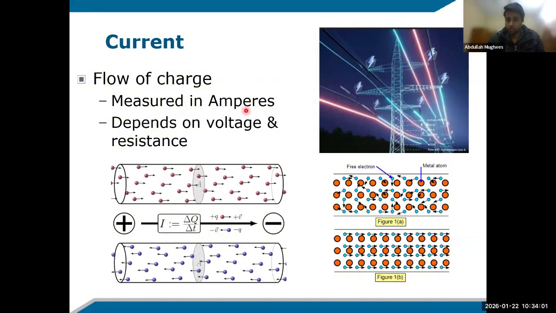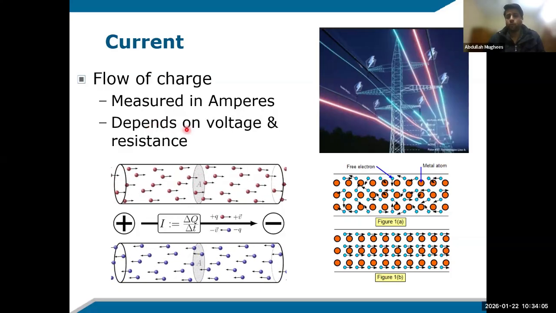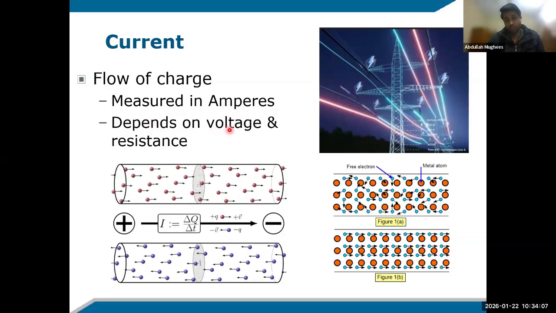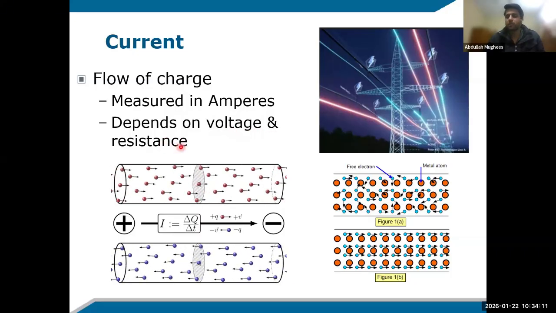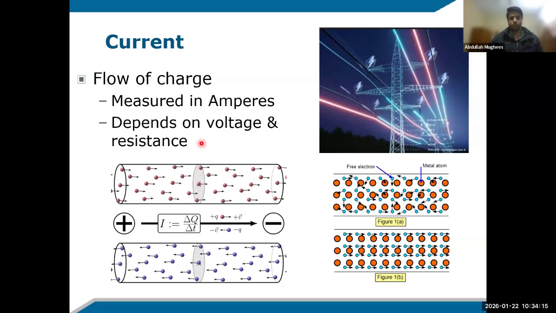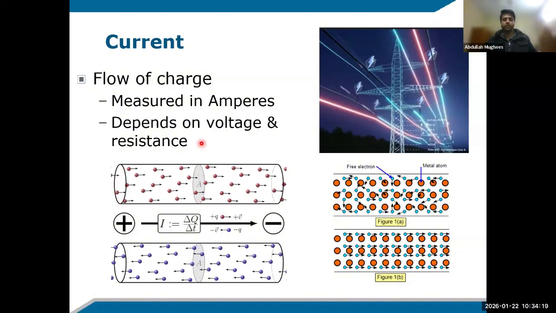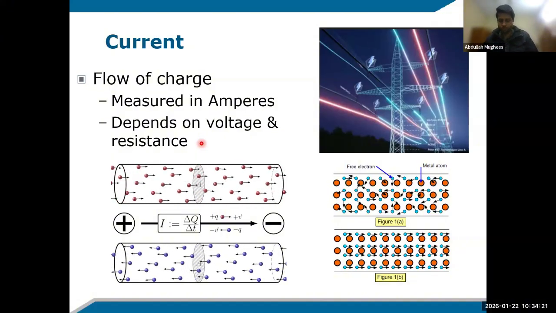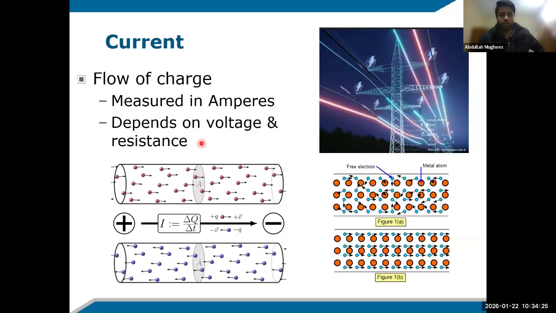It depends on voltage, because voltage is what drives it, and it depends on resistance as well, because if the resistance is too high, it is not going to flow at all. So that is about current.